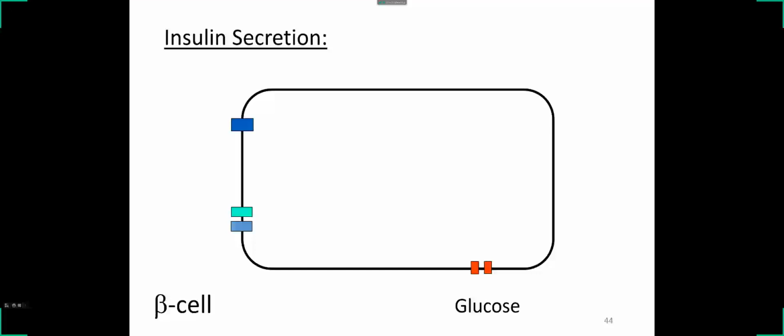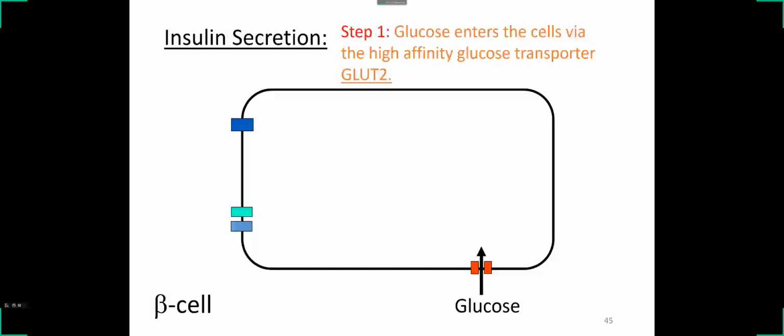Okay, so this is a very, very simple sketch of a beta cell, and you would have glucose on the outside that would then enter into the cell via GLUT2, or in general high affinity glucose transporters.